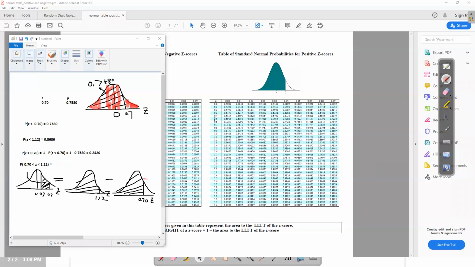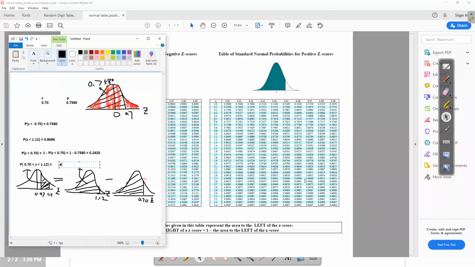This area is this event, right? And this area corresponds to what event? It will be to the left of 1.12, right?